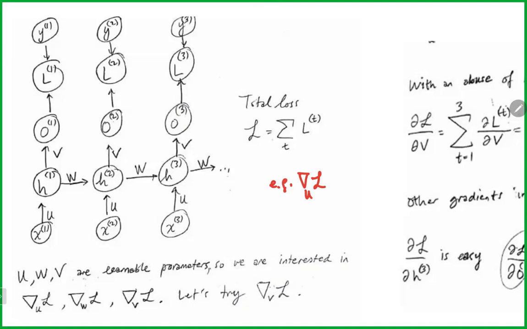The difficulty comes from L3 depending on U through several branches. For example, L3 is affected by this calculation here, as well as this calculation here and that calculation here. Similarly, if you want to calculate the gradient of L3 with respect to W, it is affected by this calculation here and that calculation here.